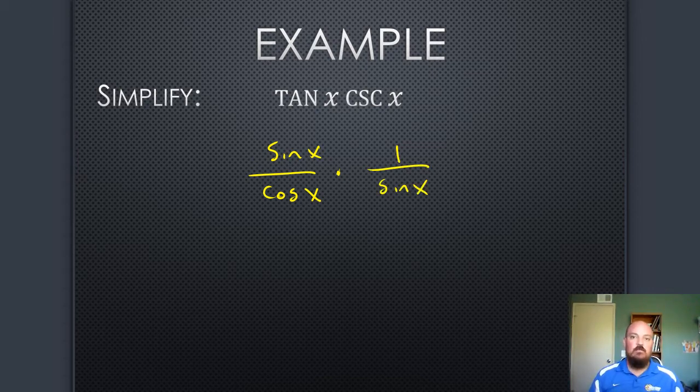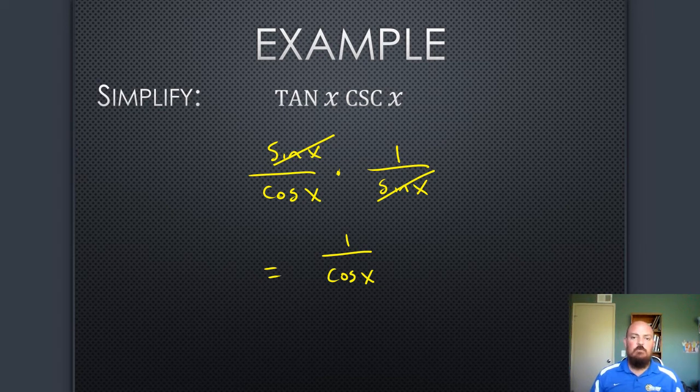And that was the trick. See, now you can see I'm multiplying fractions. The first one has a sine x on top. The second one has a sine x on bottom. Those cancel. And what I end up with is basically just 1 on top and cosine x on bottom.